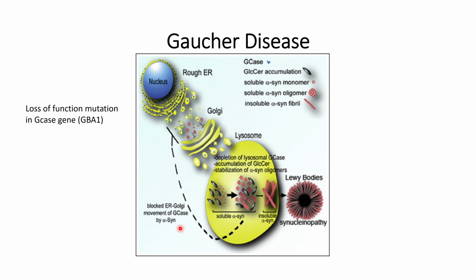So these are the different kinds of Gaucher disease, and all of them are related to this loss of function mutation in the GCase gene.